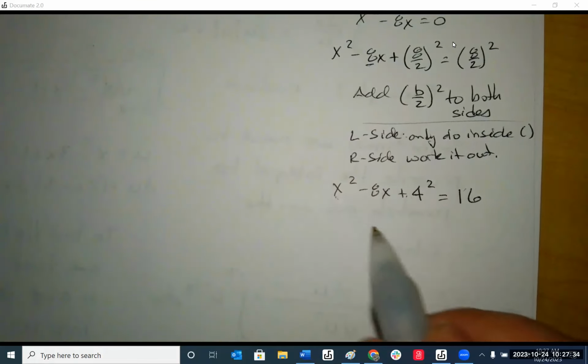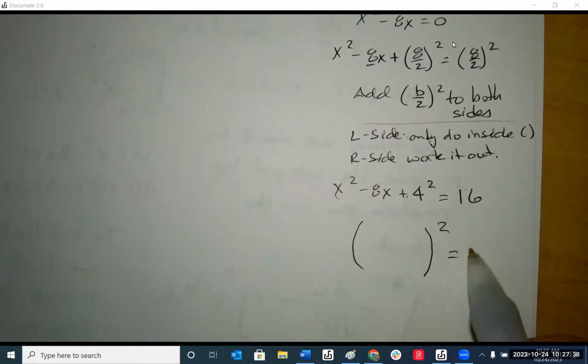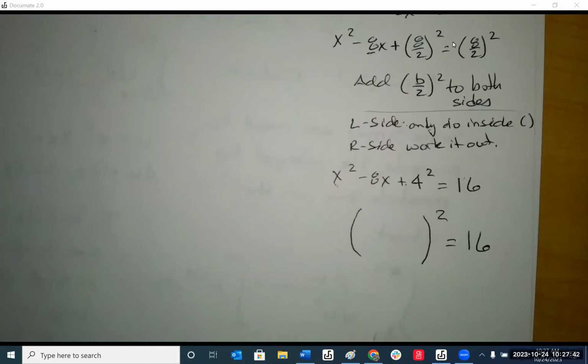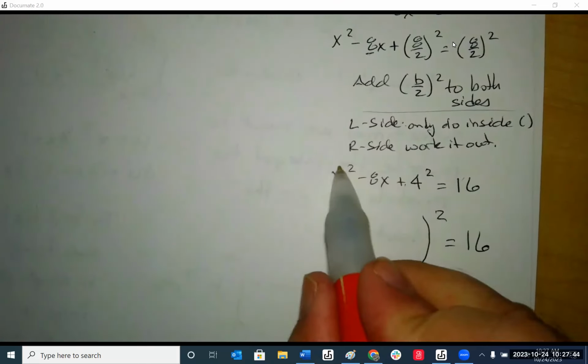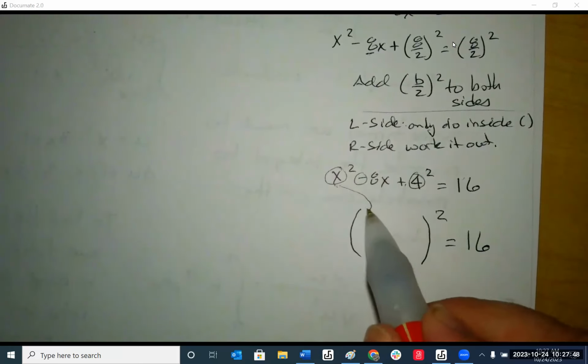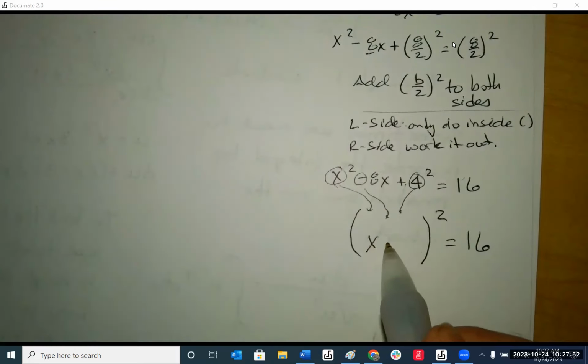Now to complete the square, take whatever's under the square and the first sign. Put them in there. So it's x minus 4 squared equals 16.